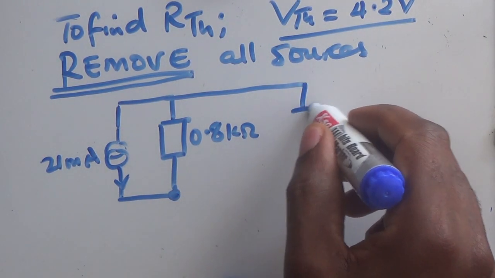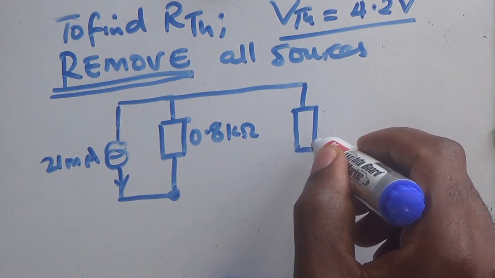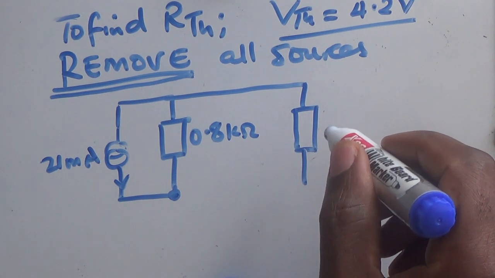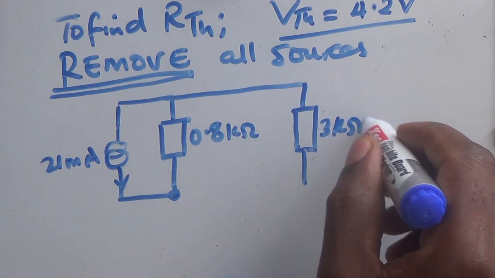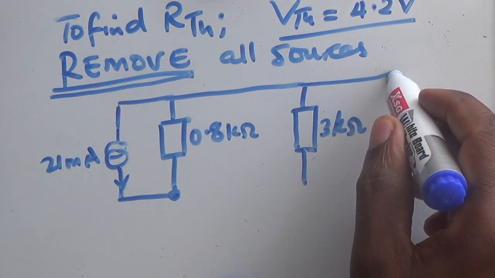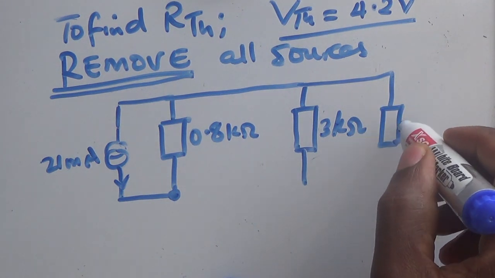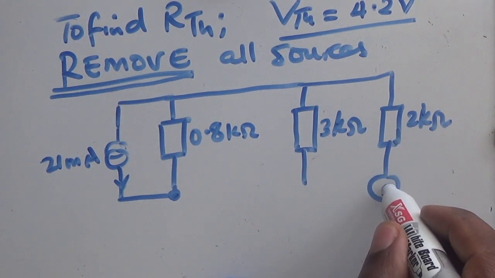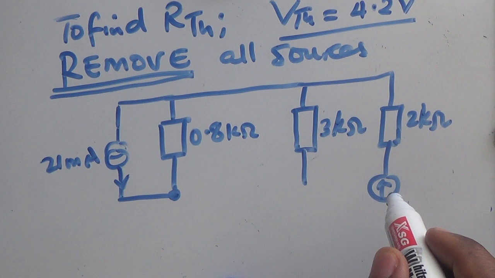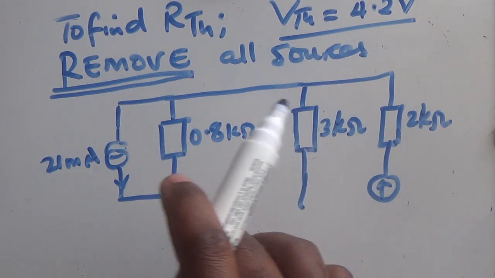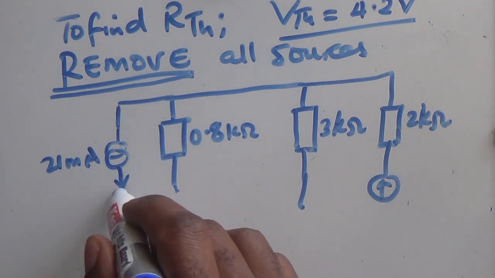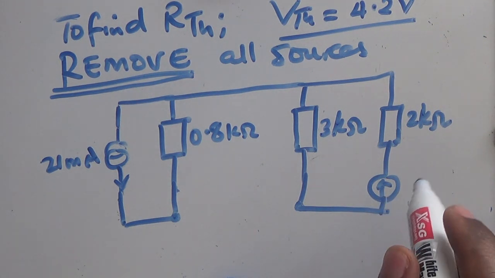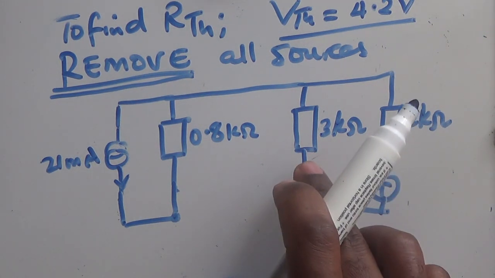And then we have this other resistor, the 3 kilo ohms, and finally this other one, 2 kilo ohms. And the voltage source here. I can just extend a little bit of this, just to make sure that things are almost looking alike.